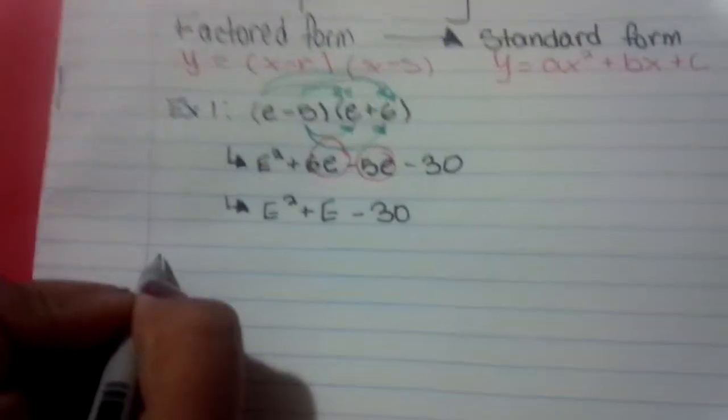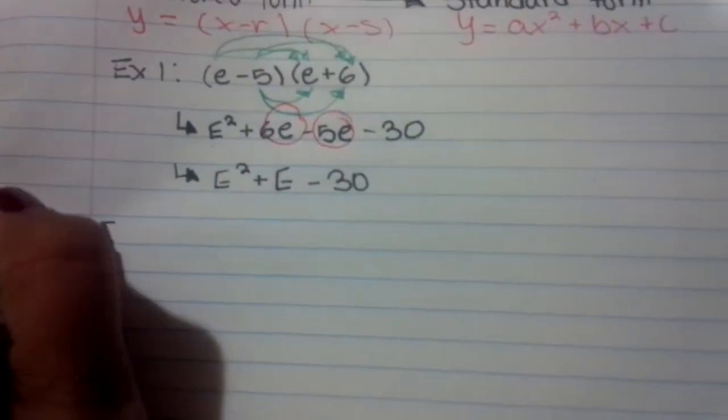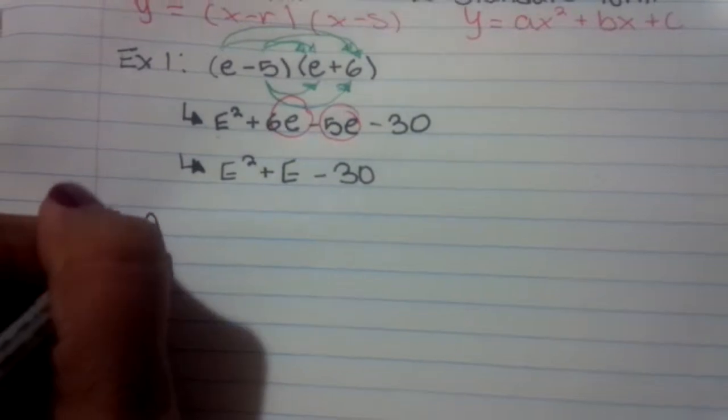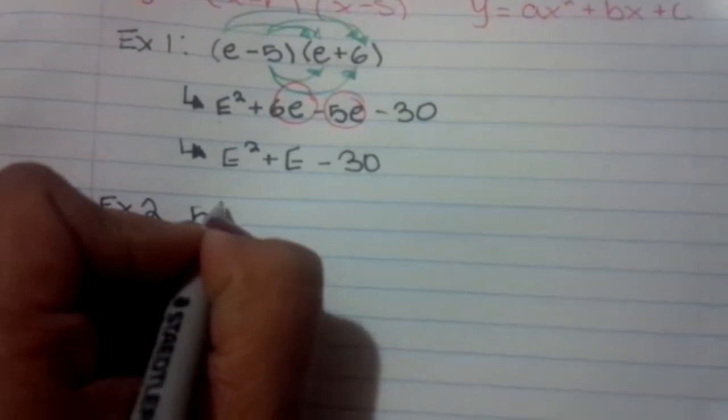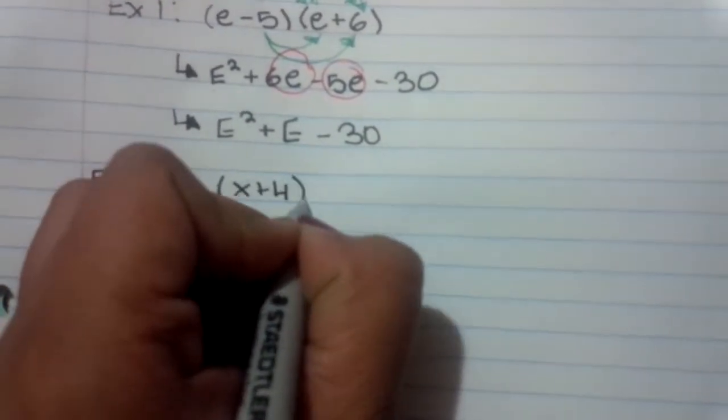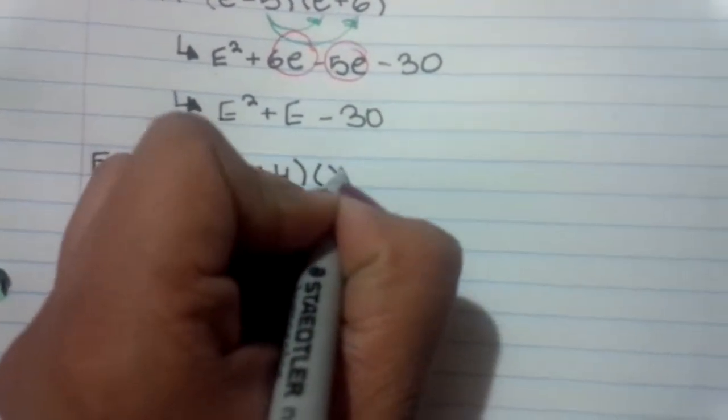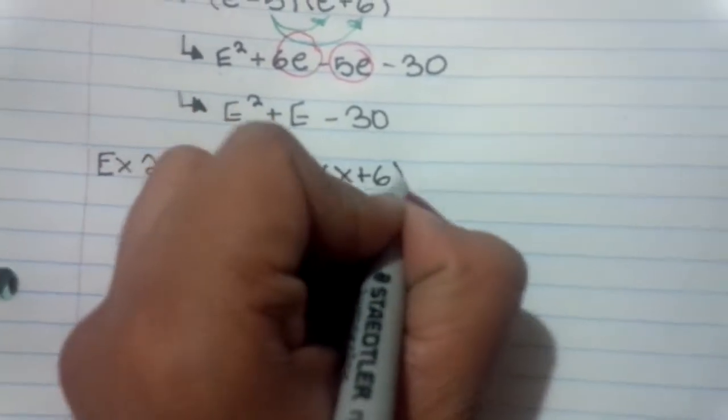So let's do example number 2. Let's do 5 times x plus 4 times x plus 6. In this case, everything is a little different from what we did before.